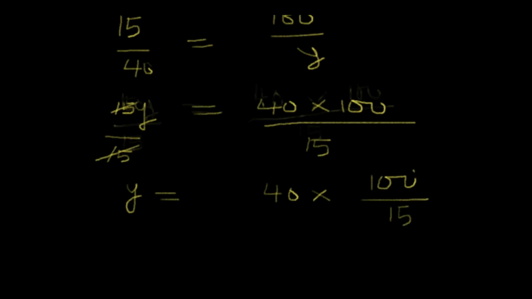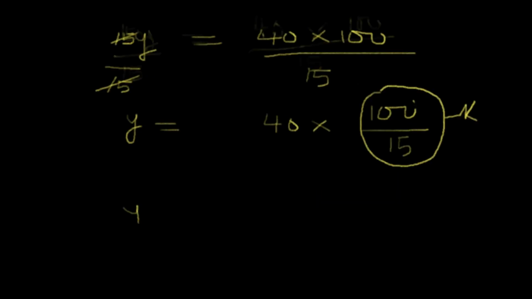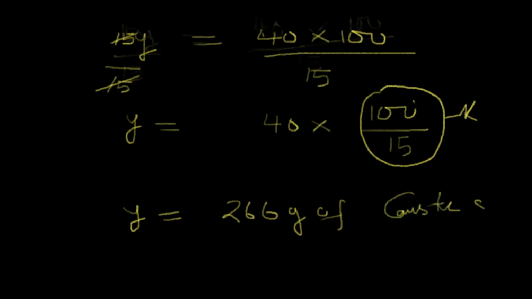Just like I did earlier, take note of the 100 over 15. So Y is equal to 266 grams. If you multiply 40 by 100 divided by 15, you get 266 grams.